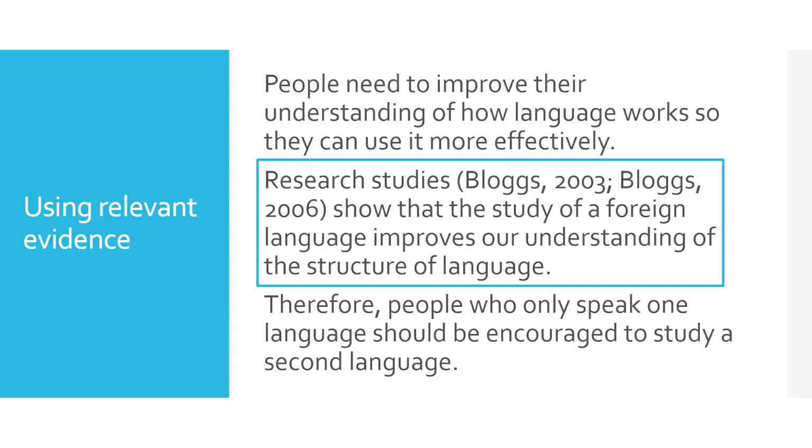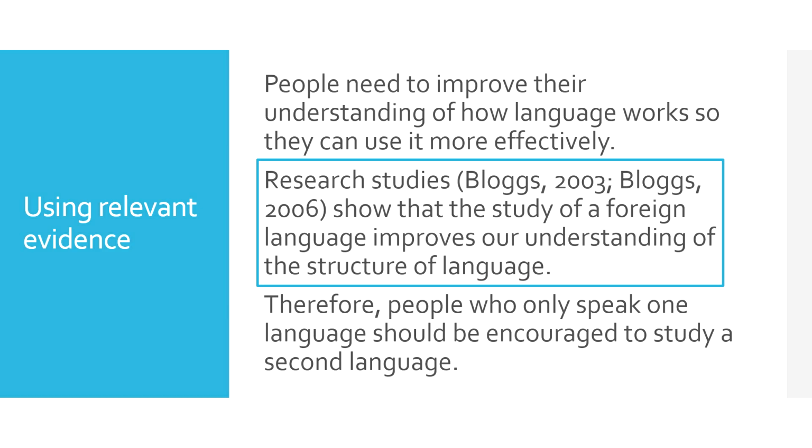Now, using relevant evidence, we've got a statement here and it's similar across all three slides. So firstly, you've got the opening: people need to improve their understanding of how language works so they can use it more effectively. Then we have the evidence in the blue box. Research studies show that the study of foreign language improves our understanding of the structure of language.